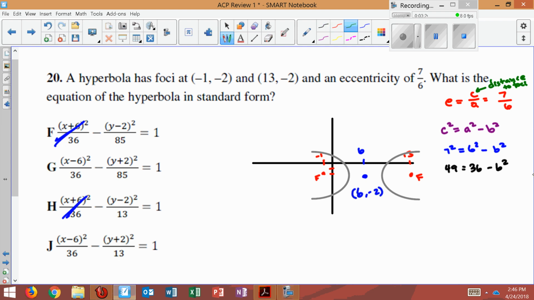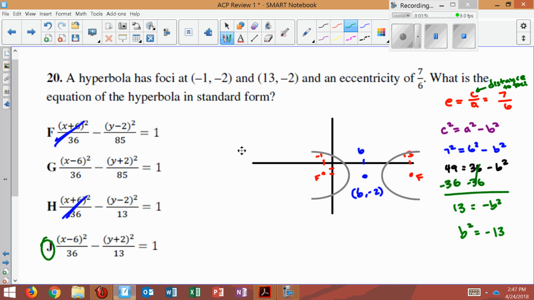When I subtract 36 from both sides, I'm left with 13 equals negative b squared. Another way of looking at this is to say b squared equals negative 13. That's where the negative 13 comes in, because the formula is usually plus b squared. So J is going to be my answer there.